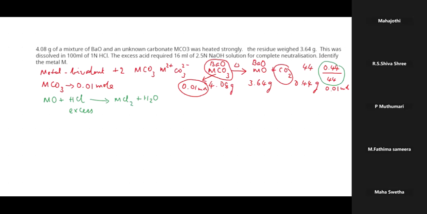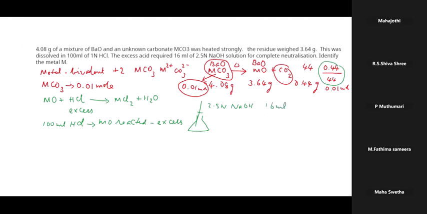So I've taken 100 ml hydrochloric acid, and in the 100 ml, the metal oxide reacted, and the excess hydrochloric acid is titrated. I take the excess hydrochloric acid in the conical flask and it is titrated against 2.5 normal NaOH solution, and the equivalence point is 16 ml.